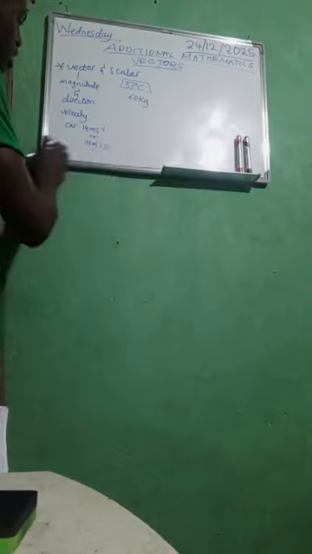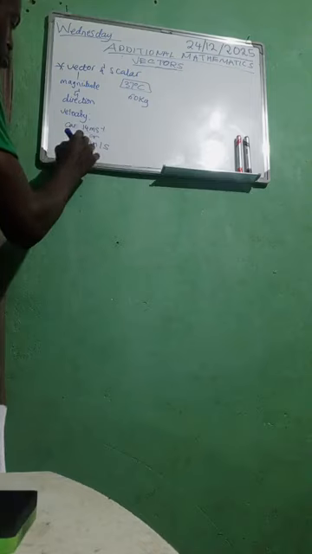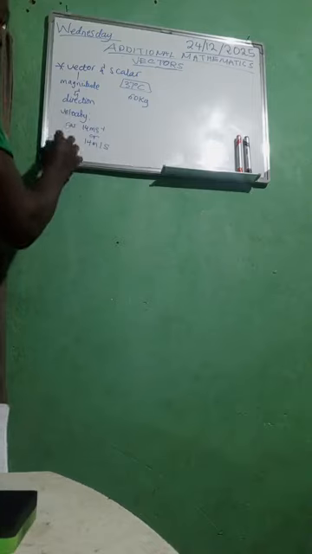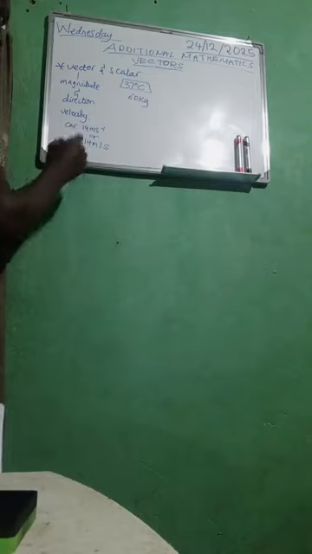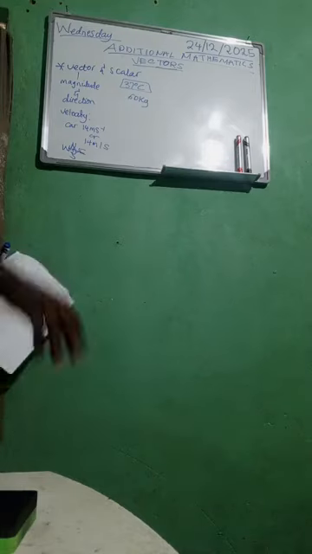So this one has an aspect of direction. You can be moving northwards, southwards, eastwards, or westwards. Any of these directions. So that's the first thing. That is a vector and a scalar.